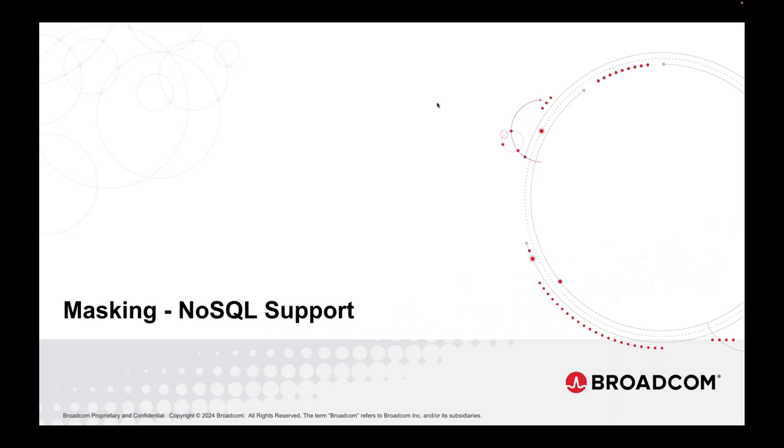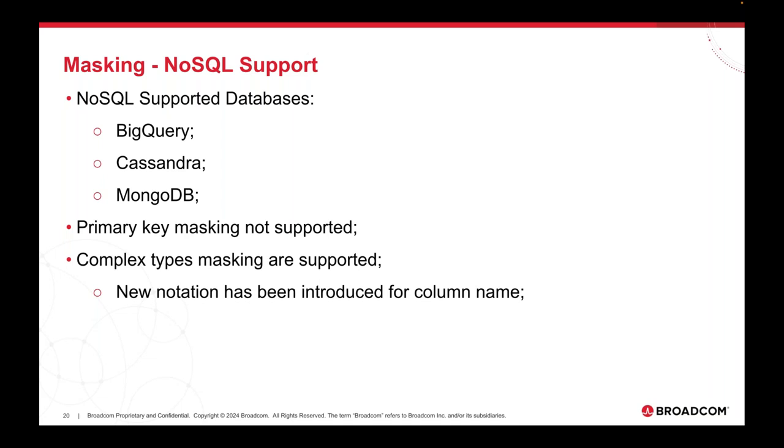So talking about masking, NoSQL support. We have 3 databases that we support nowadays, which are BigQuery, Cassandra, and MongoDB. All of them are different from each other. Primary key masking is not supported, and we have the complex types for them.